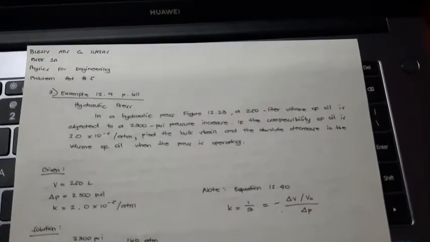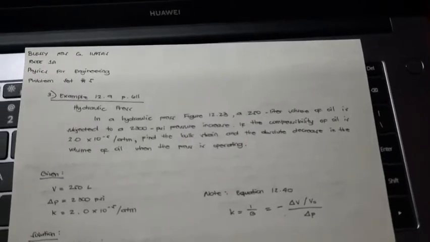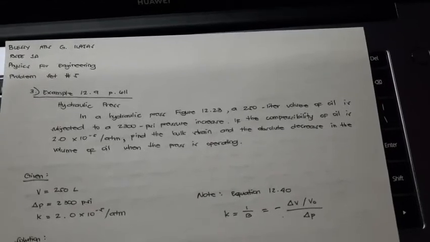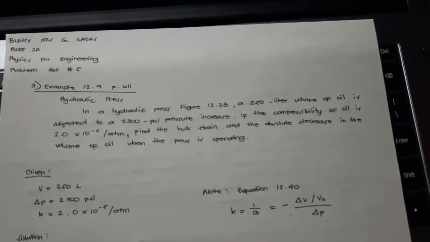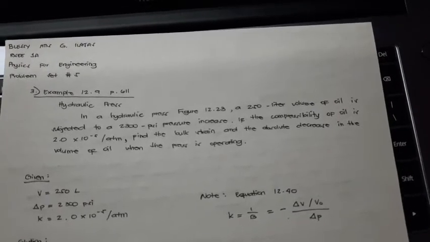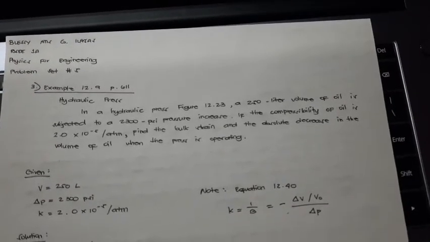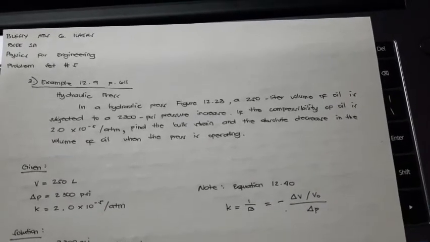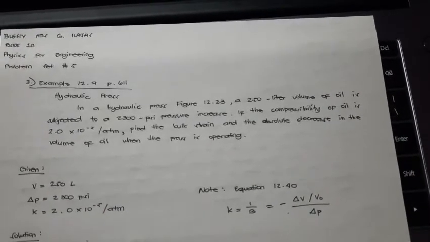So let's proceed to the problem set number 3, example 12.9 on page 611, hydraulic press. In a hydraulic press, figure 12.23, a 250-liter volume of oil is subjected to a 2,300 psi pressure increase.